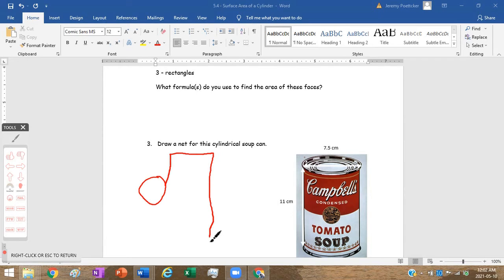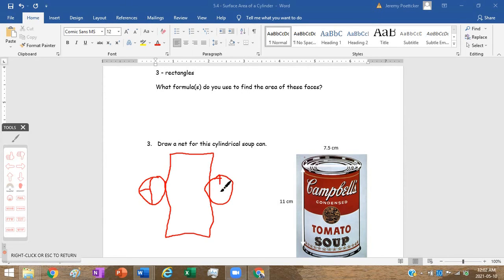And I'm going to assume that circle is attached on the other side. Diameter of this circle, I'll leave you to label it, 7.5 centimeters, which means the radius is going to be half of that. So you should probably figure out what the diameter and the radius are and label those. You could do that on this side too, although they're both going to be the same.